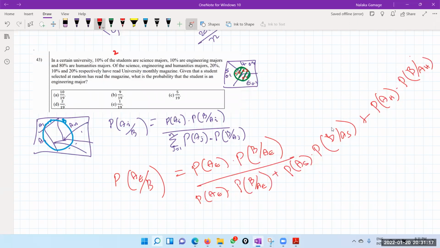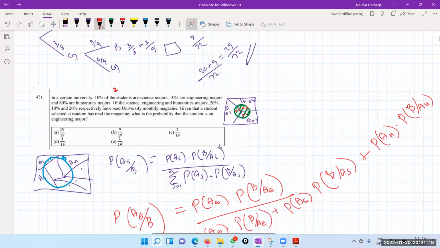Right. What is probability of engineering student?